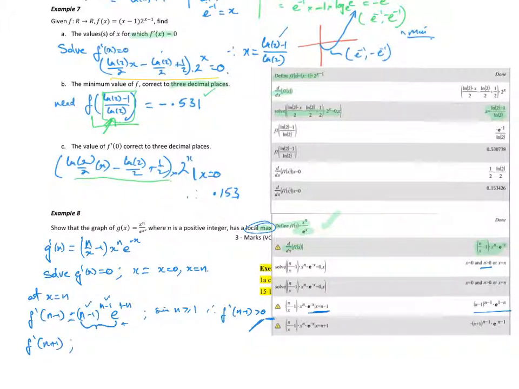Well, from my calculator, it's negative n plus 1 to the n plus 1 times e to the n minus 1. So again, we can say that term there is greater than 0, that term there is greater than 0, but this term here has to be less than 0. Therefore, it's a negative gradient at that point. So at x equal to n, we have a max.